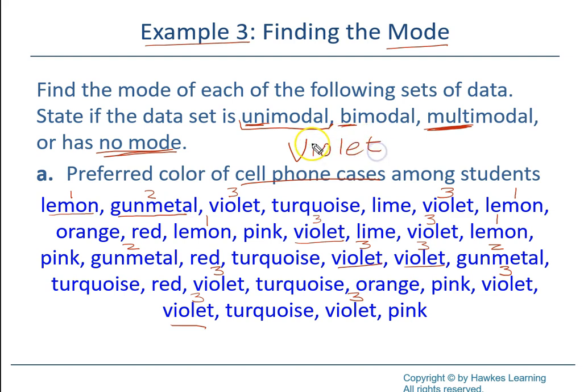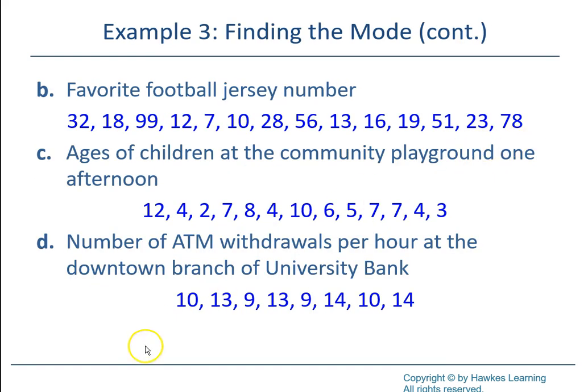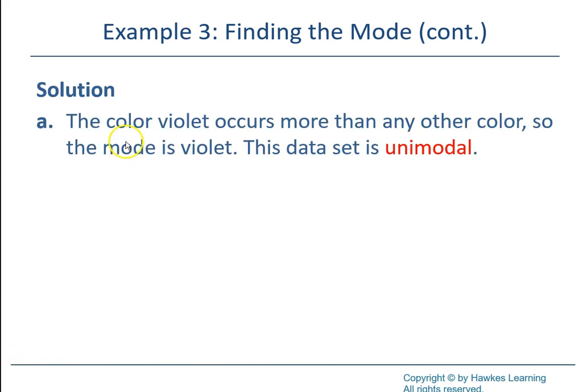And again, whatever method you choose to recognize them, you could shade them out or whatever. I think these numbers work well. Okay, let's go on and see what they say about this. So we did pick out the right color, violet, and this set would be unimodal.